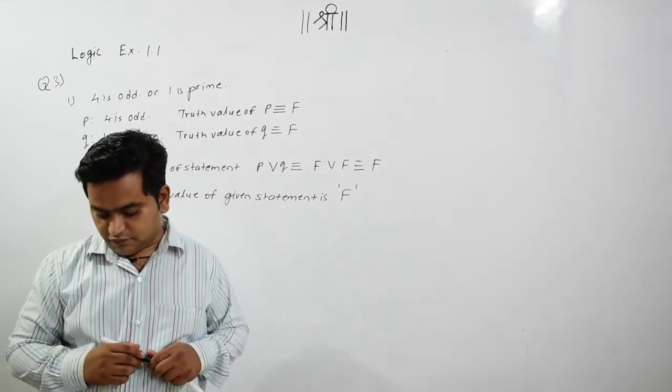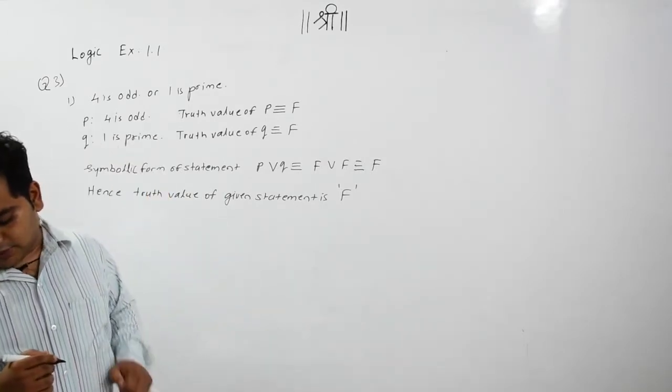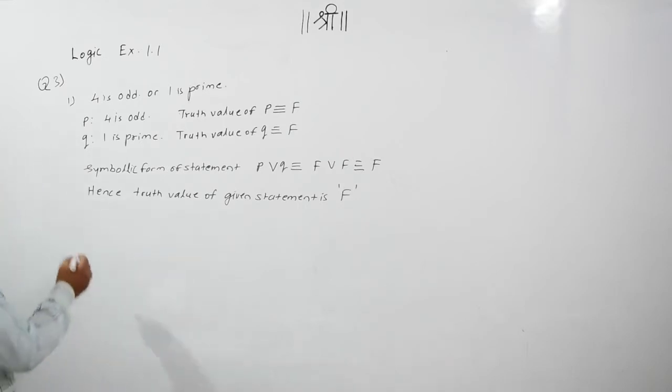Next part: 64 is a perfect square and 46 is a prime number. You can simplify it again.